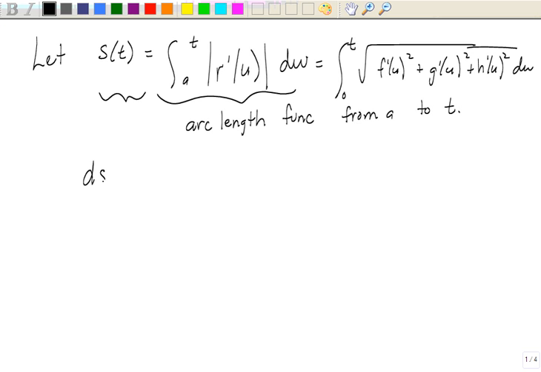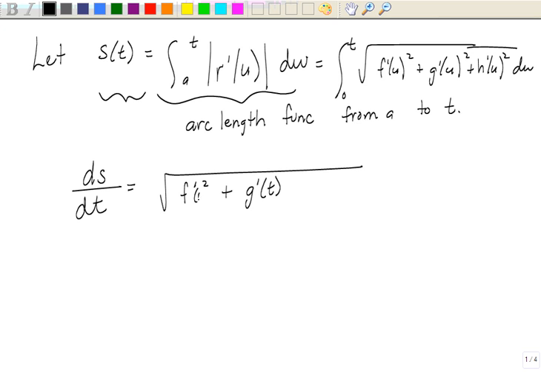If we take the derivative using the fundamental theorem of calculus, we get f prime of t squared plus g prime of t squared plus h prime of t squared, which is the magnitude of r prime of t.